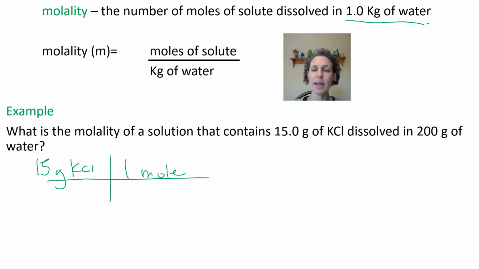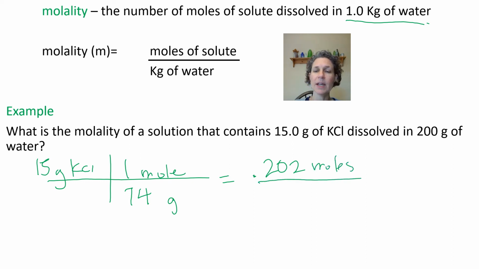And then KCl, so 39 plus 35 is 74. Oh my goodness, that was way tough. So then 15 divided by 74, let me check on my little cheat sheet here, is 0.202, something like that. And then that's moles.